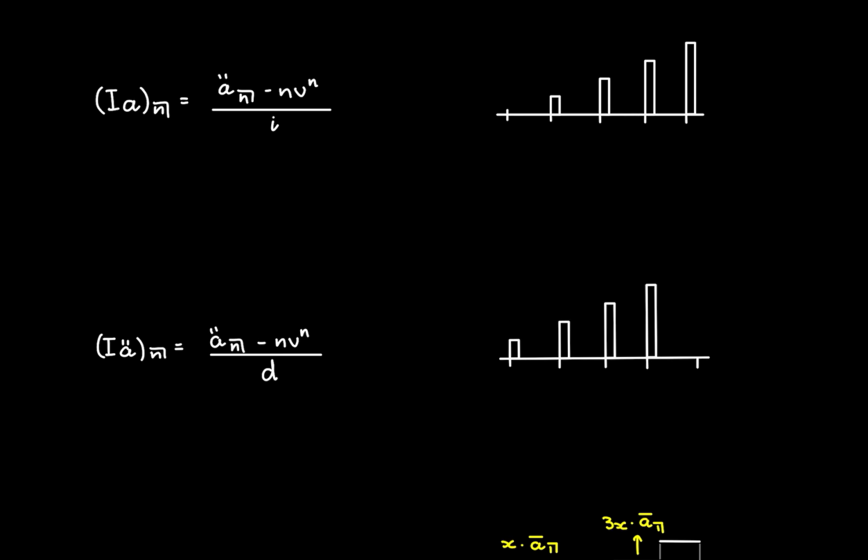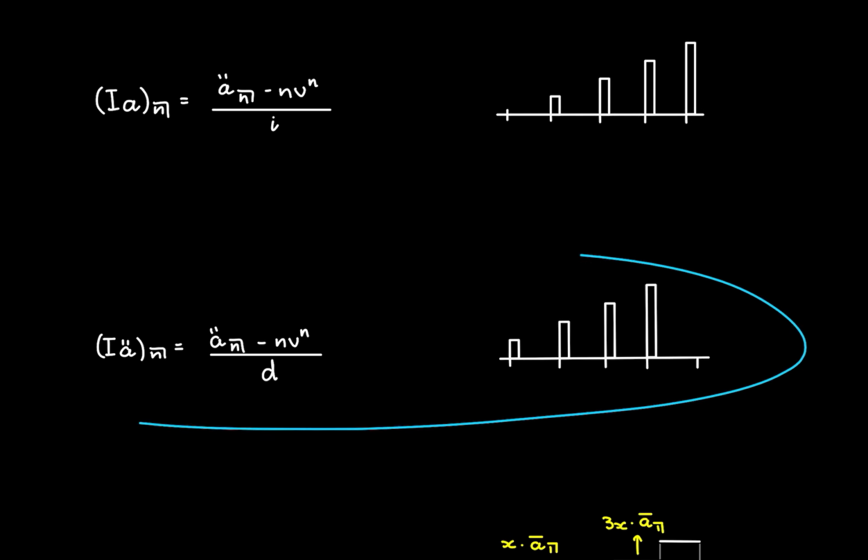Now, that is very similar to the denominator that you would have in a level annuity in arrears. So this annuity here would have 1 minus v to the n, and the denominator would also have i. So you can note that similarity, just to aid your understanding, or rather make it easier to remember.